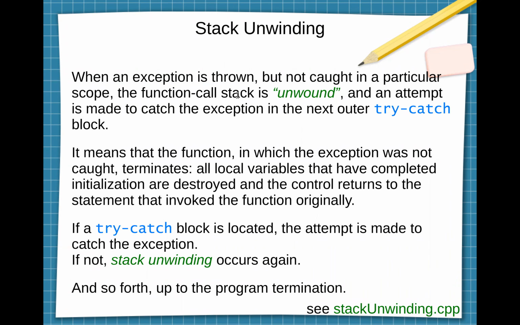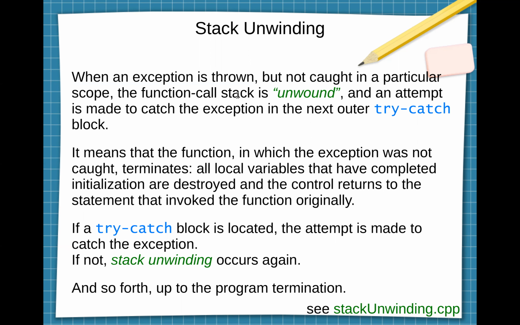If the exception is thrown, but we didn't catch it in this particular scope where we are right at the moment, the function call stack is unwound, right? Because you remember how we have this function call stack for all the function calls, right? So an attempt would be made to catch the exception in the next outer try-catch block.